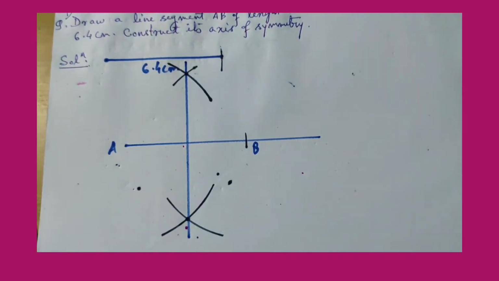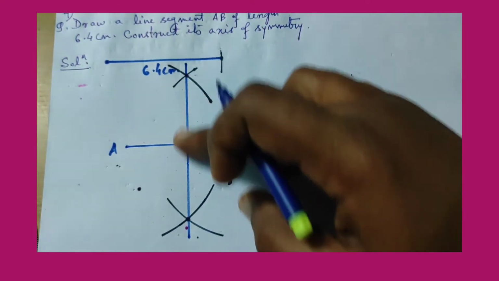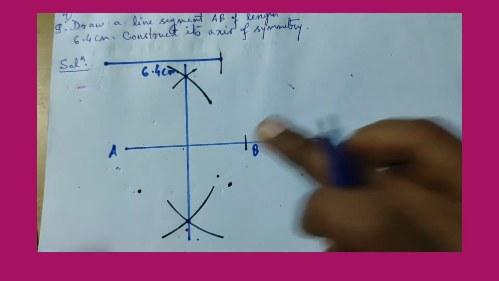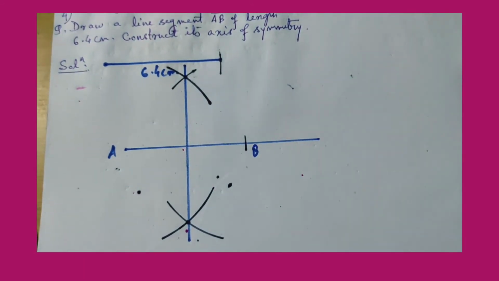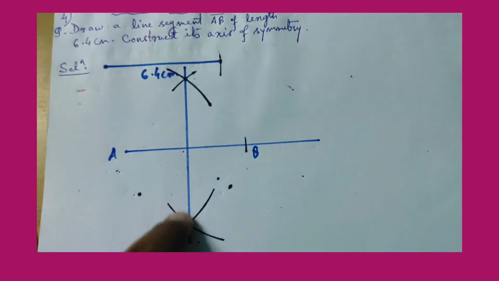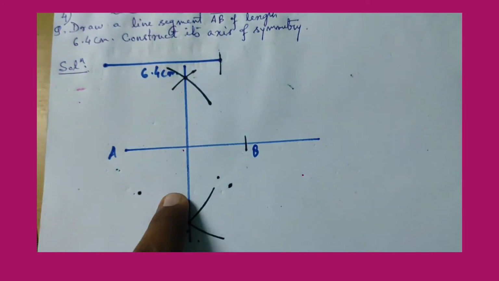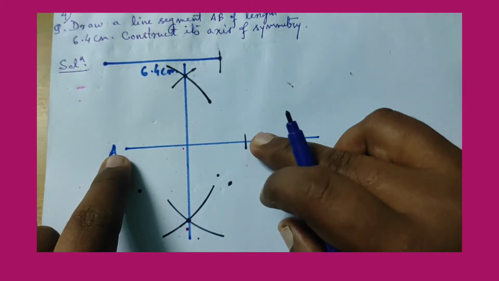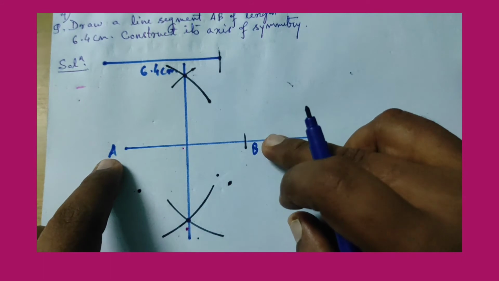Okay students, easily you can see that this line is actually the axis of symmetry of the line segment AB. Now the question is, why is it called axis of symmetry? Symmetry means this perpendicular bisector is dividing the line segment AB into two equal parts.